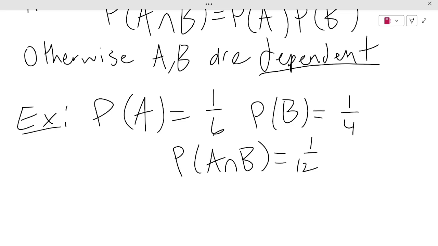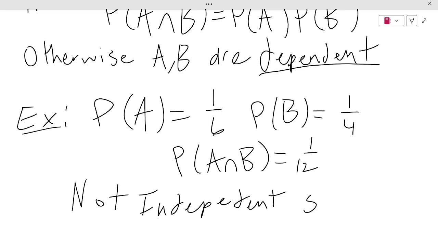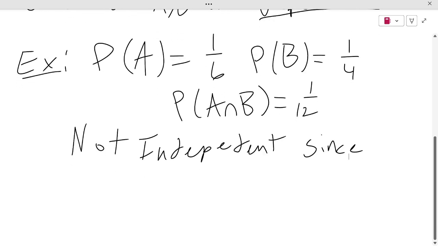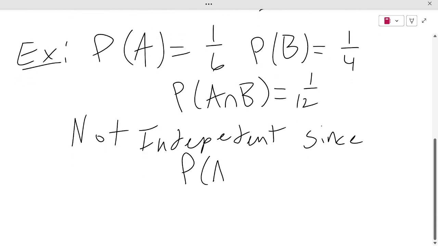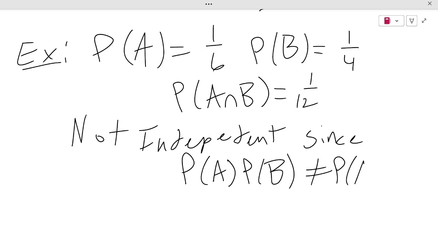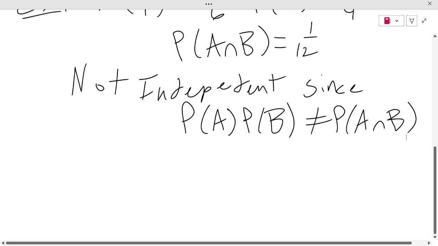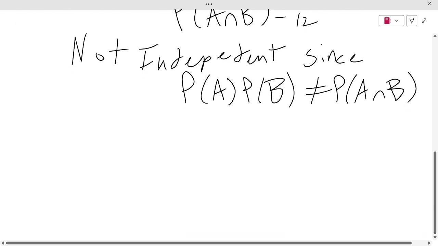And so in this case, they are not independent, since we have that the probability of A times the probability of B, that's equal to 1 over 24, right? That's not equal to the probability of A intersect B. Okay, quick example highlighting it.